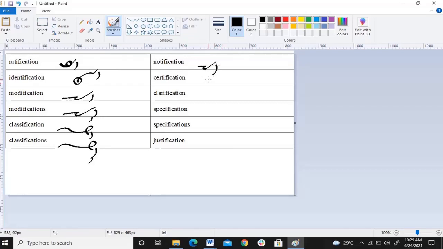Next, certification. So, we have SIR, S-E-R, and then the T, cert, ification. Clarification. So, we have clar, ification. Specification. So, we have specification.